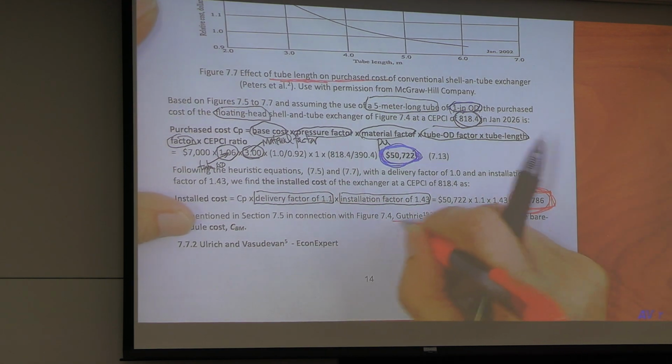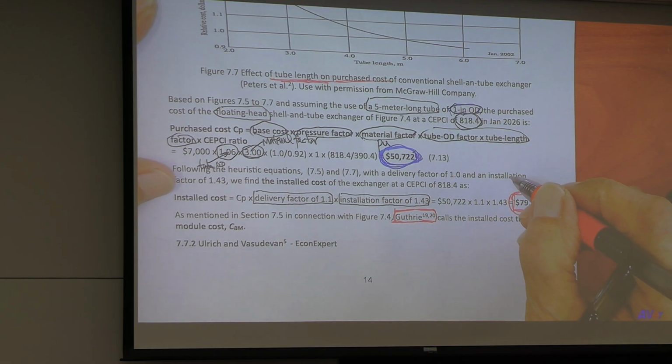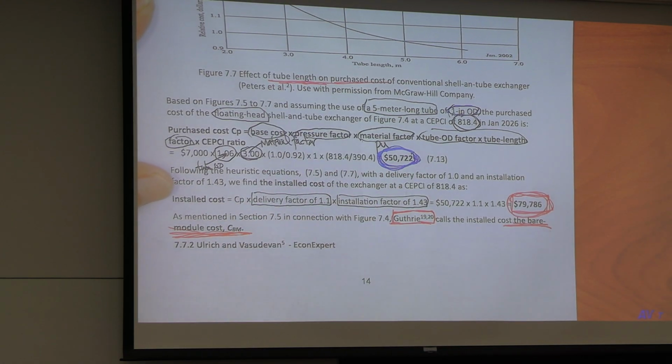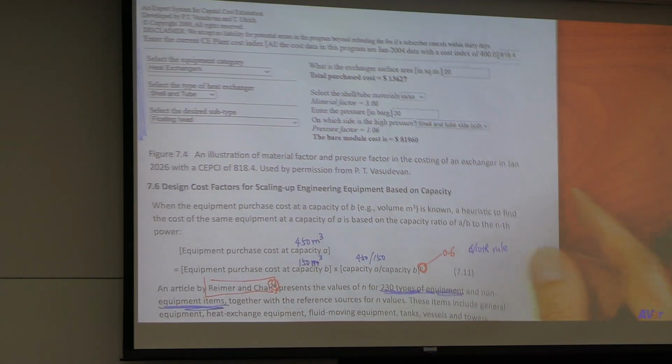Guthrie is a very famous man. You're going to see that in the next section. Install cost has another name: bare module cost. So you go back to page 11.